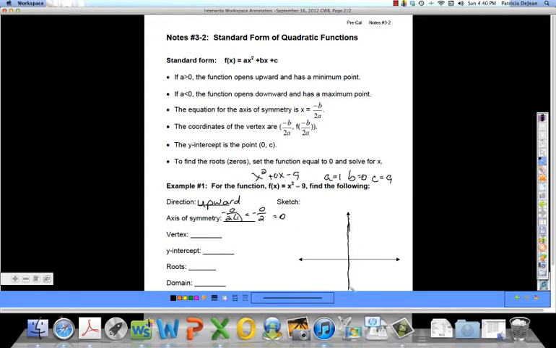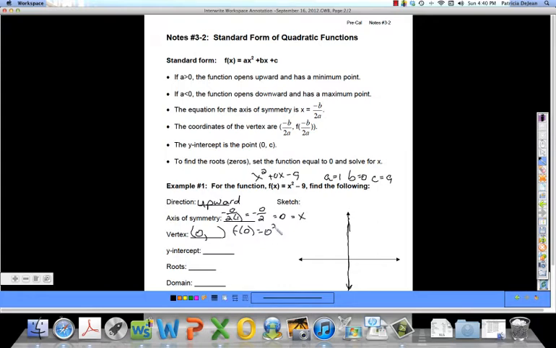The vertex then: we know the x value is 0, so I have to find f of 0 in order to find the y value.